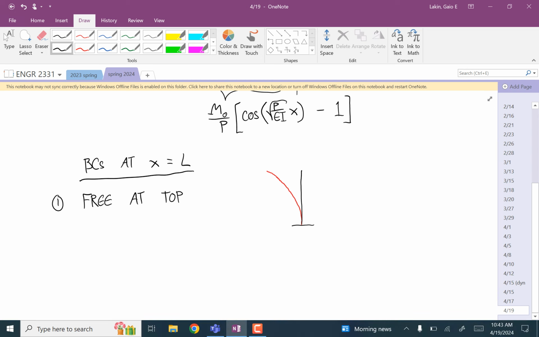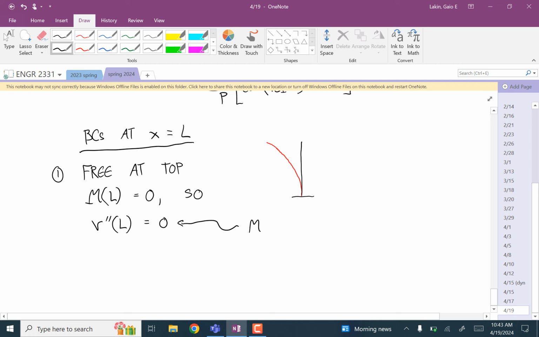And if the bending moment is equal to 0, so M at L is equal to 0, and that means that V double prime at L is equal to 0. Because of the elastic beams relationship, this is from the fact that M is equal to EI V double prime. So that's going to be our boundary condition.